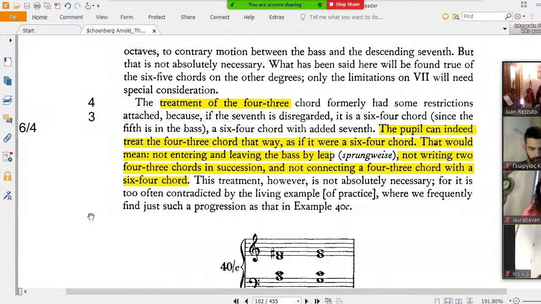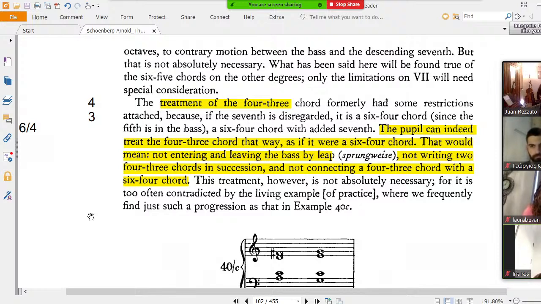The pupil, aka you, can treat the 4-3 chord as if it were a 6-4 chord. That would mean not entering and leaving the bass by leap. Not writing two 4-3 chords in succession, please, I beg you. And not connecting a 4-3 chord with a 6-4 chord, because they're considered to be the same function-wise.